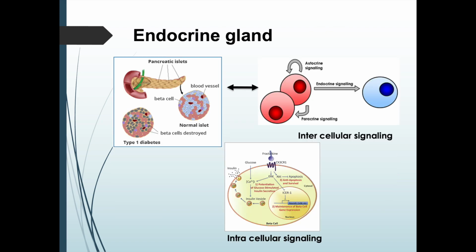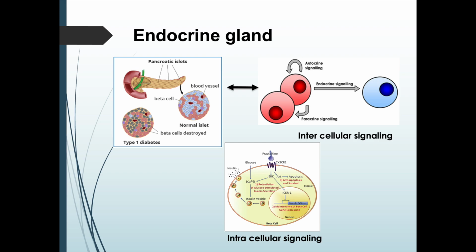So now endocrine glands. I'm showing again the pancreatic islets, same figure. But what is an endocrine gland? There are 3 types of signaling. Here I'm taking the example of pancreatic cells, how insulin is produced by a single beta cell.